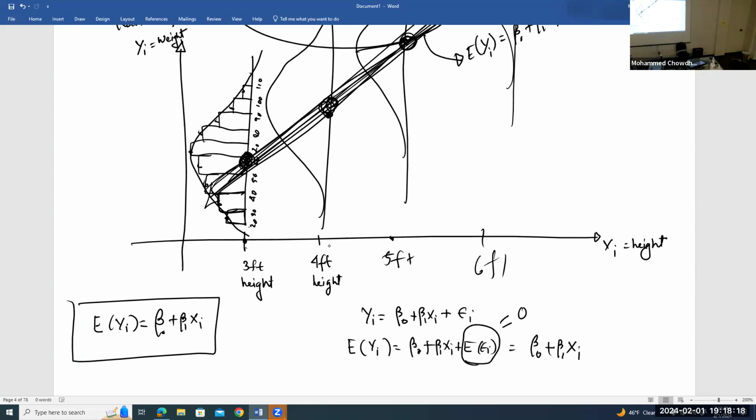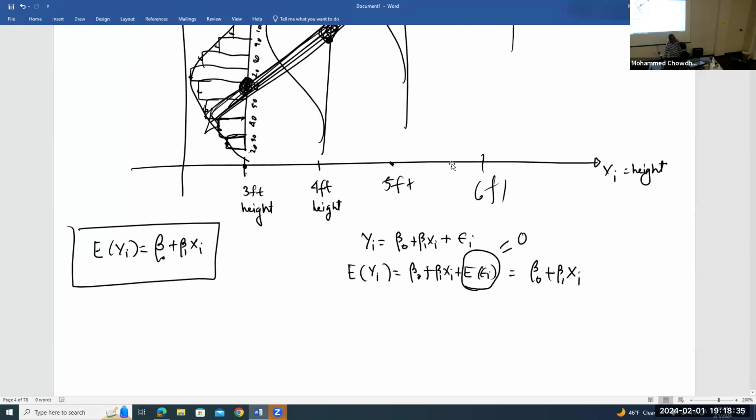Can anyone of you ask his question? Your classmate asks, when I take the expected value in there, why did I not operate expected value on beta 0, beta 1, x1? Y is the response variable, x, so why am I not taking expected value on x in there?